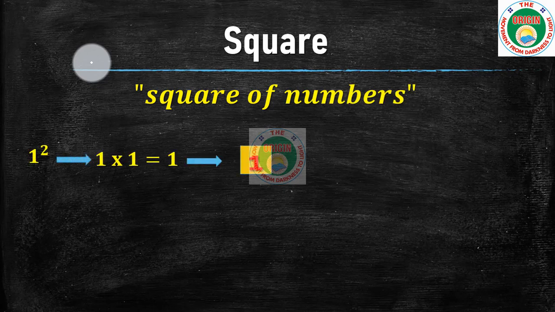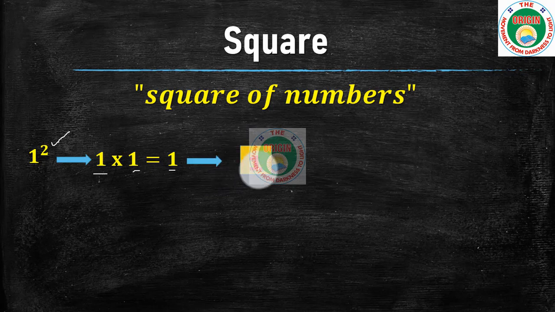Next, I am explaining the squares of some particular numbers. 1 square is 1 into 1, 1 multiplied 2 times, the answer is 1 only.